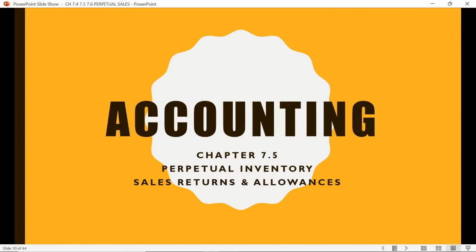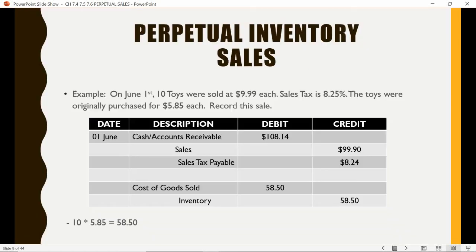That's a huge difference between periodic and perpetual sales: in periodic, you only record the sales. You don't adjust your inventory because we don't do it till the very end of the accounting period, right? Whereas in perpetual, every time we sell something, we must adjust our inventory accordingly.